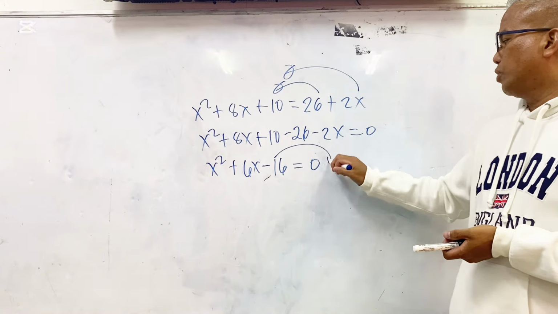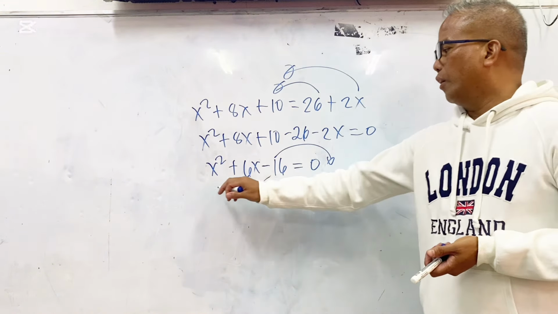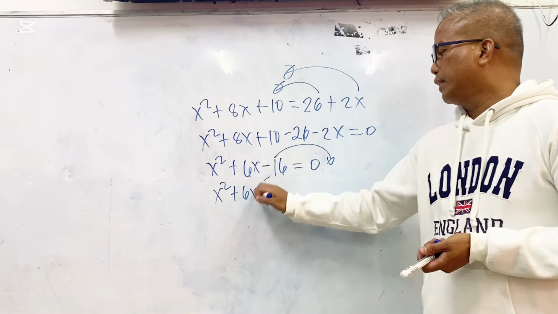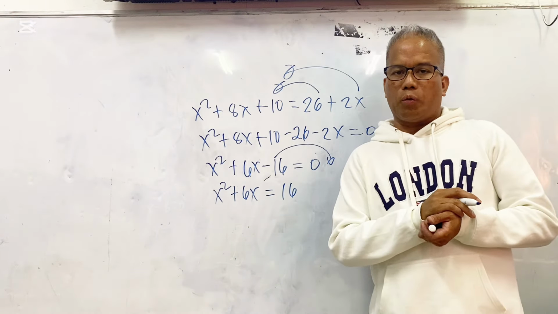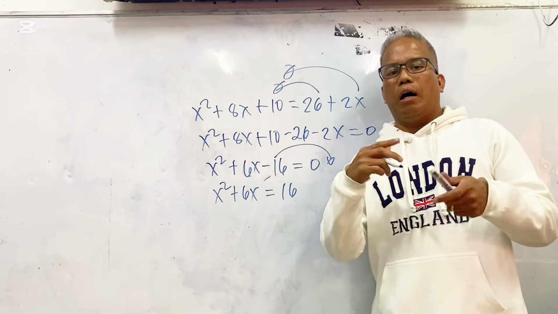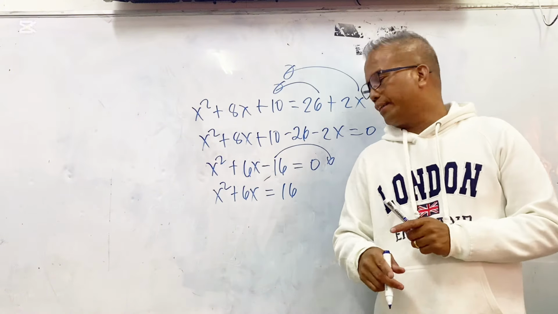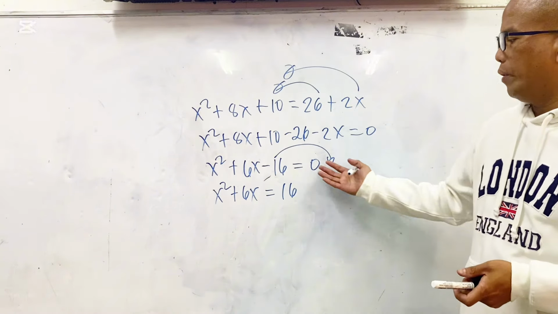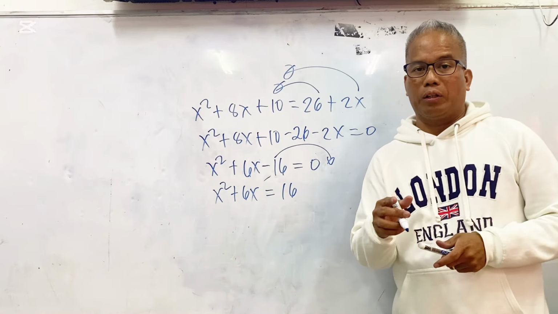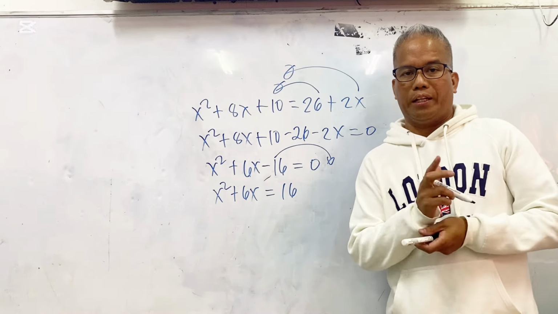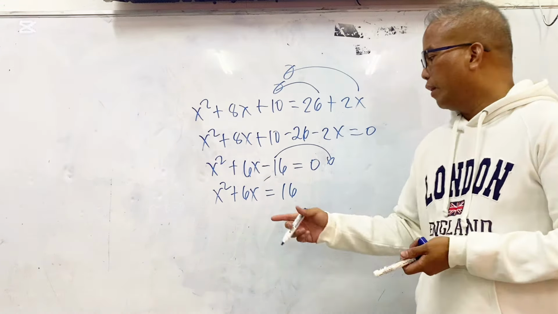So we will transpose 16, and x squared plus 6x equals 16. If you use completing the square, although we are going to apply extracting square roots, let's see which part of the solution we can apply extracting square roots in. But the first method that we use is completing the square. We will use b over 2 raised to the second power.